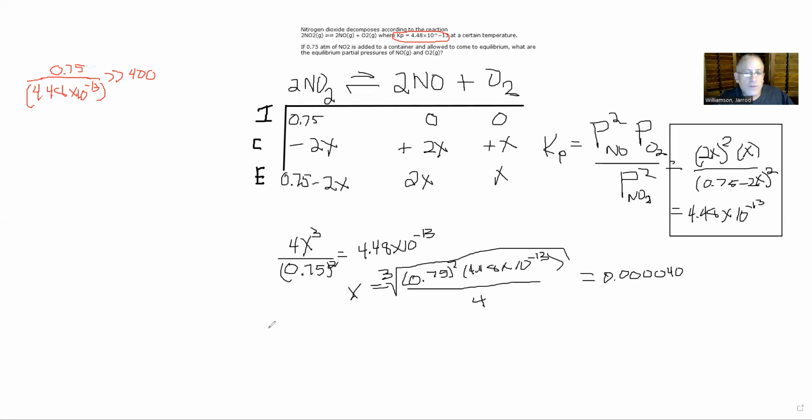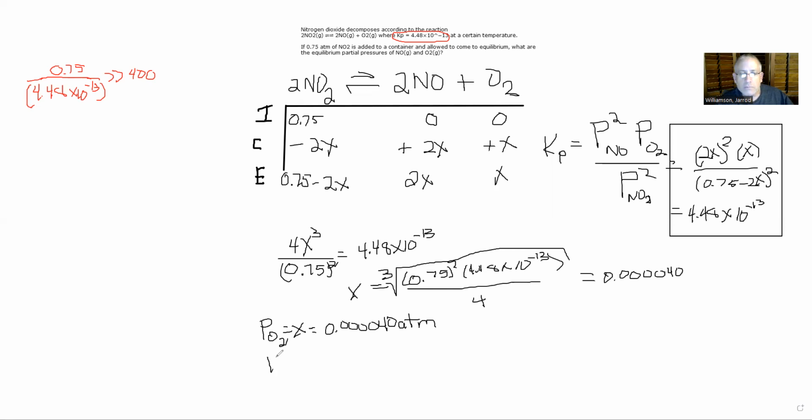So then the partial pressure of O2 at equilibrium will be equal to x, and that will be equal to 0.0000040 atmospheres, ATM.